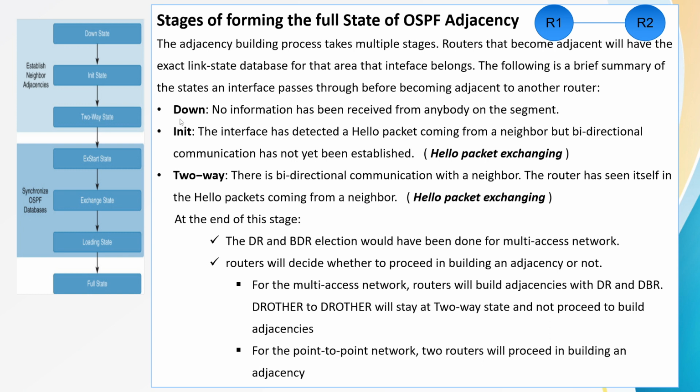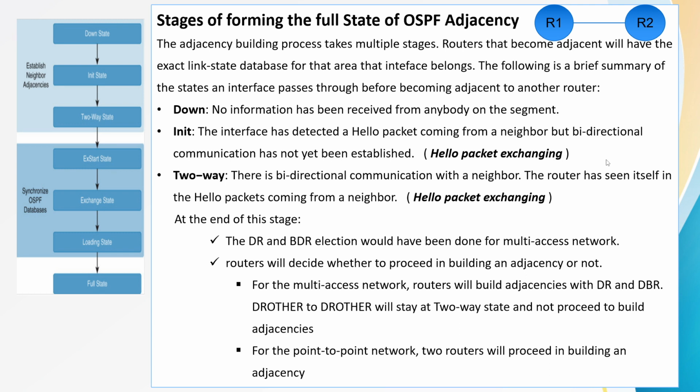The first state is called the down state, since no information has been received from anybody on this segment. For example, if two routers are connected and R1 didn't receive anything from R2, R1's OSPF state will be down. The next state is init.